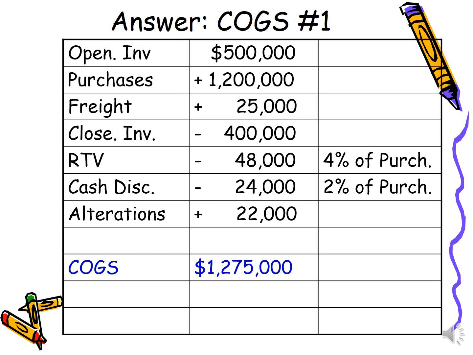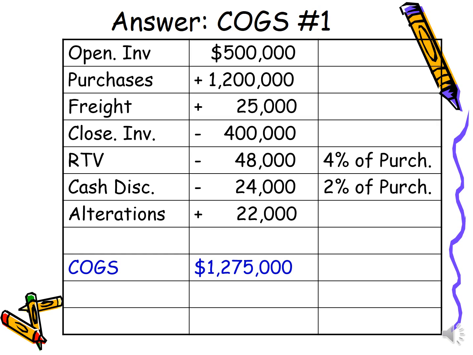So to convert that into dollars, you had to multiply 4% by the purchases dollar, which was $1,200,000. That makes the returns to vendor $48,000. The same type of calculation goes into the cash discount dollar calculation, which is now 2% of purchases, so it's half of the returns to vendor. So now we have $24,000 cash discount.